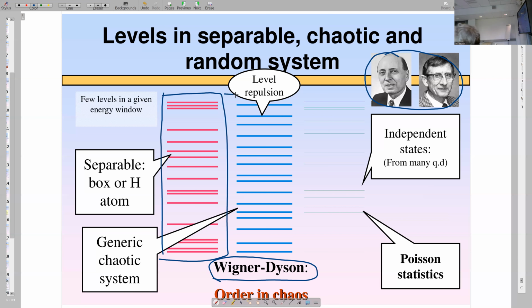Let me compare the spectrum in separable geometry with Wigner-Dyson. In separable geometry, the spectrum consists of series. The hydrogen atom is also an example of separable geometry. And the levels in different series have no problem coming very close to each other.